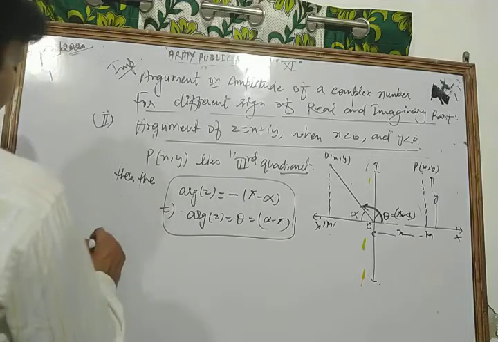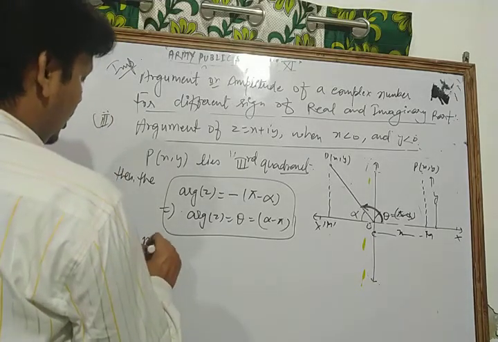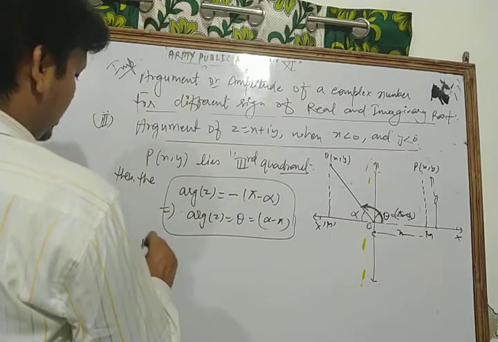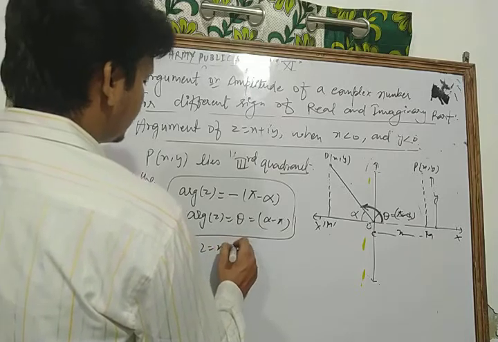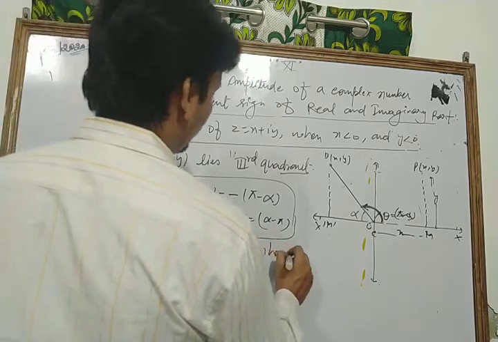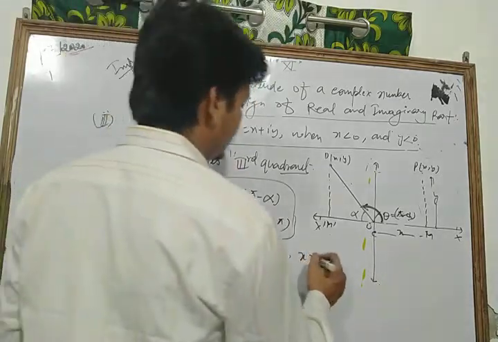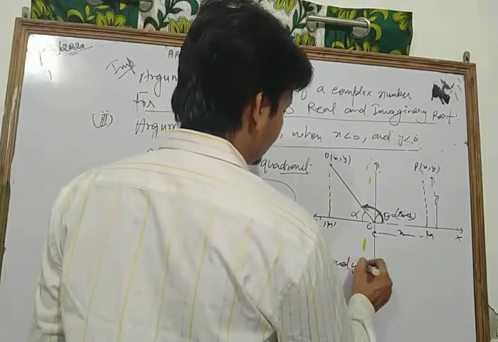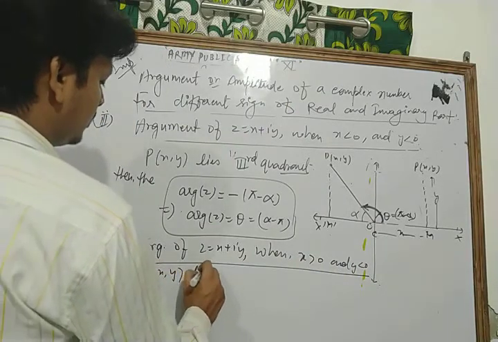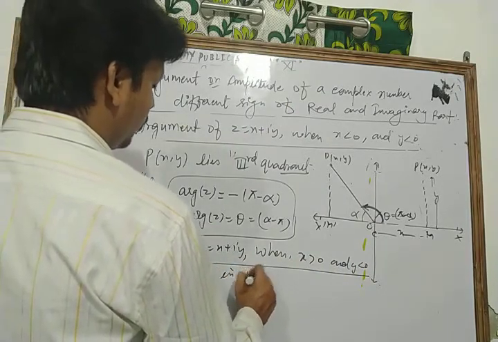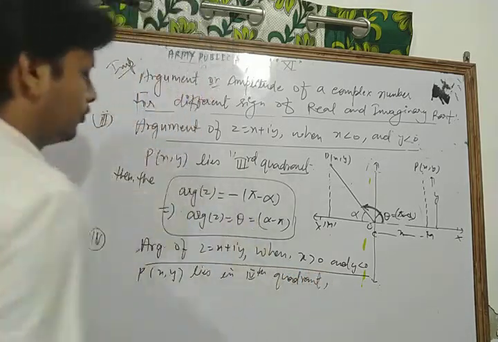Now the last condition, finally: the argument of z = x + iy when x is greater than 0 and y is less than 0. It means that P(x, y) lies in the fourth quadrant.